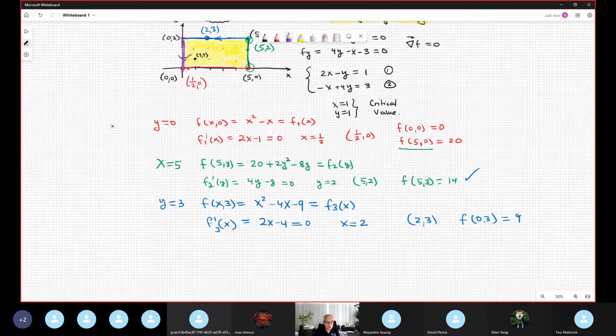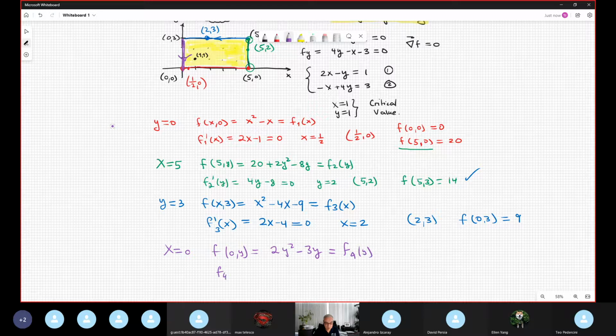And now this is x equals 0. Plugging in 0 in the original equation, the function 0, y, y is a variable. So we have 2y squared minus 3y. I call this f4, depending on y.